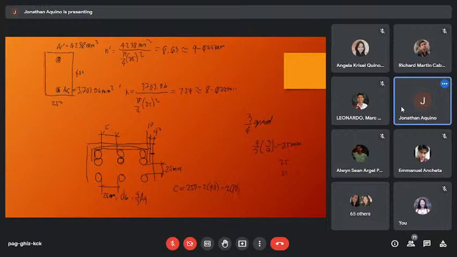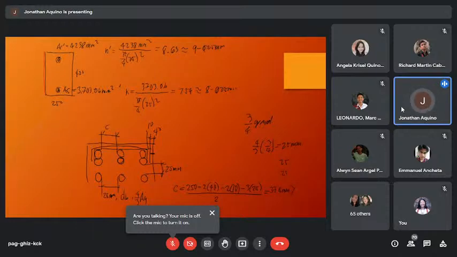What else? Minus tatlong 25, 3 times 25, yung size ng bars natin. So divided by 2 spaces. So the clear distance is 250 minus 2 times 40 minus 2 times 10 minus 3 times 25, divided by 2. So we have 37.5 millimeters.